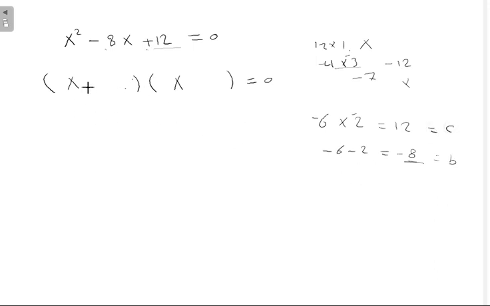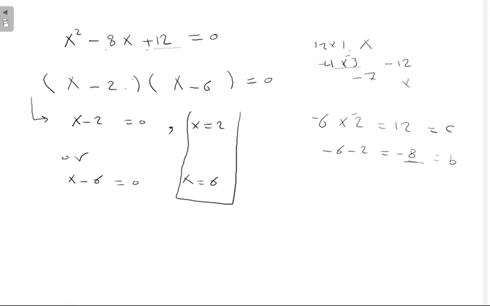So x minus 2 and x minus 6 equals to 0. According to the zero product property, I have two factors, the product of them is 0, so either x minus 2 equals to 0, then x equals to 2, or x minus 6 equals to 0, then x equals to 6. These are the solutions of this quadratic equation.